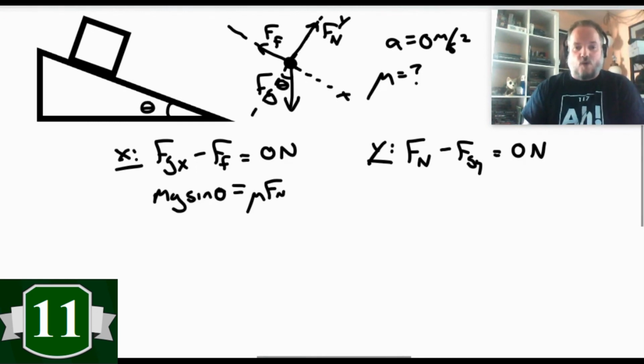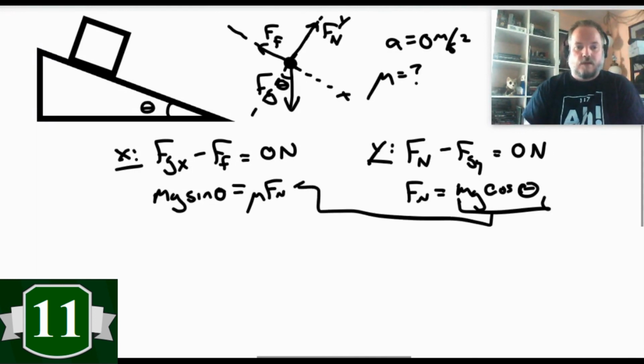So we get normal force equals, I'll move that over to the other side, the force due to gravity in the y direction, which is mg times, that is adjacent to the angle, adjacent we use cosine. So normal force is mg cosine theta. Take that, plug it in here.